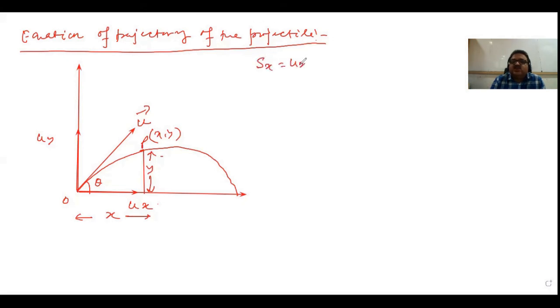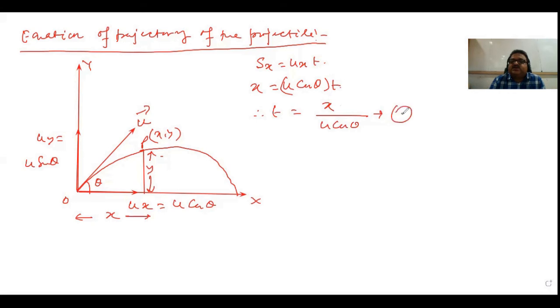Sx equal to ux into t. Sx is x, ux is u cos theta into t. Because I said this earlier also, this is u cos theta and this is u sin theta. This is x-axis, this is y-axis. Therefore we can write t is equal to x by u cos theta. This is equation number 1.